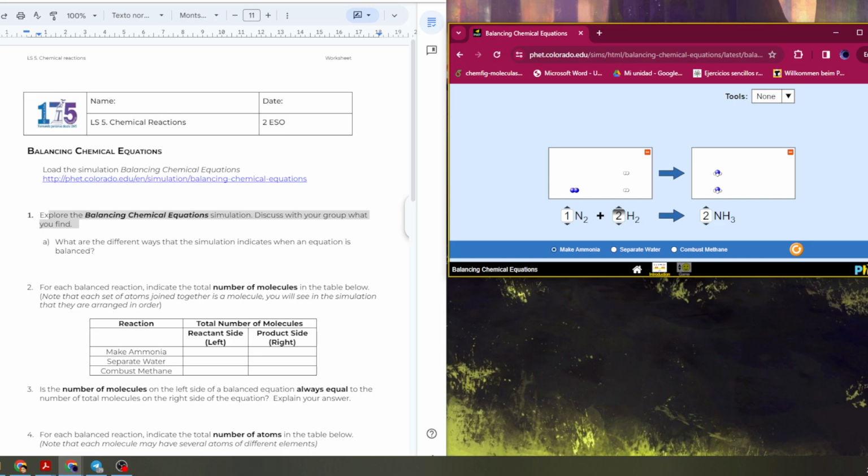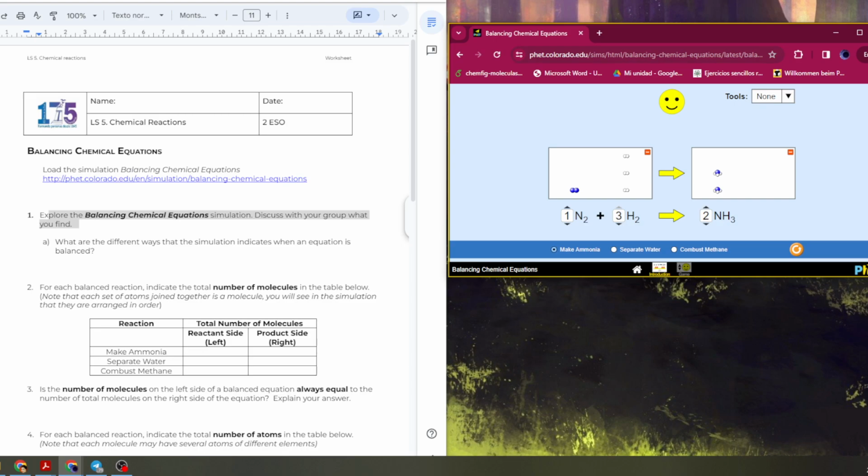How do we balance this? If you balance it, you get a smiley face, and you get these yellow arrows. How have I done it? I start with two nitrogens, because each time I put one molecule, I have two nitrogen atoms. Then I need to have two nitrogen atoms at the end. That's why I put a 2 here.